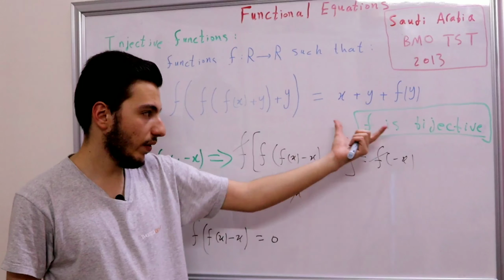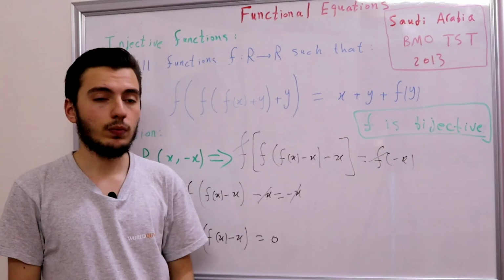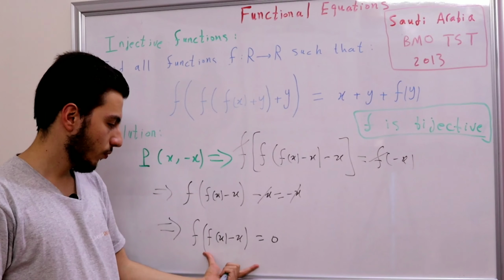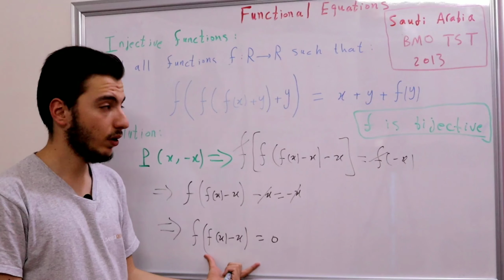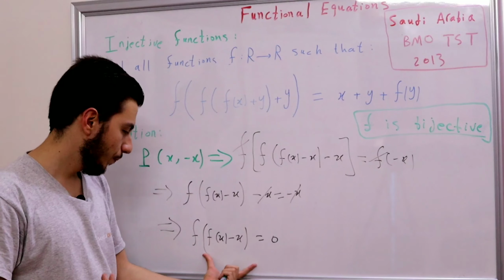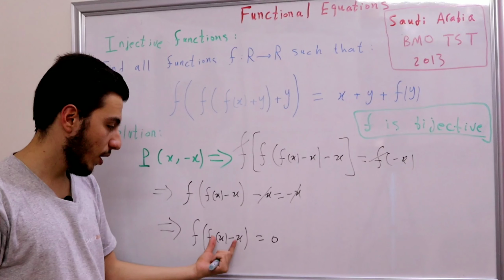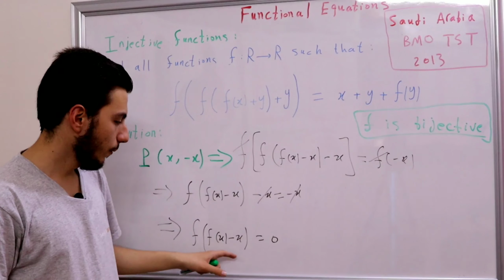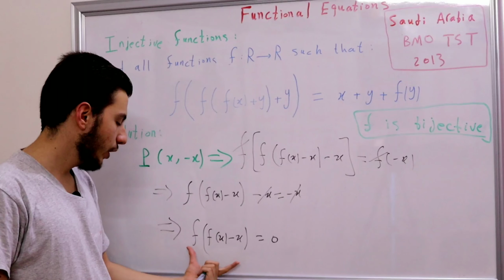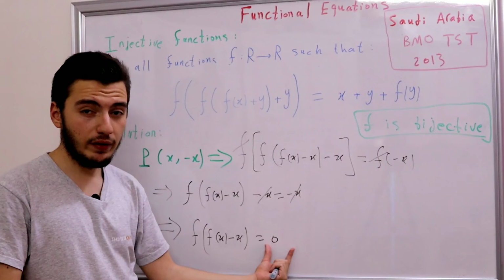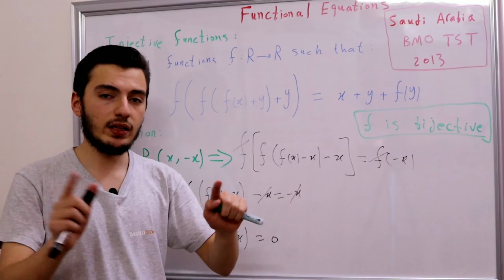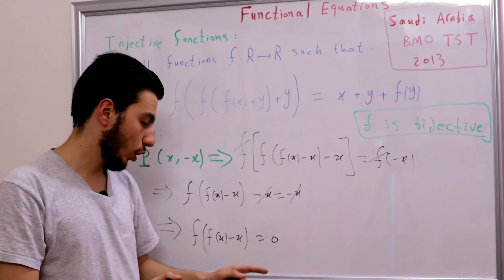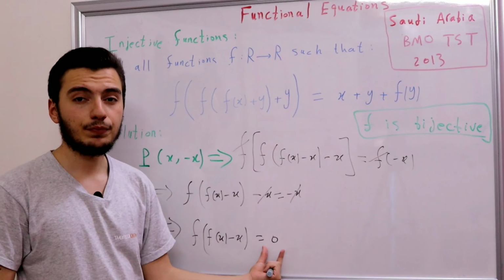And also we have f is bijective. So how can we find our function f from these two pieces of information? F of x minus x equals 0 and f is bijective. Well, if we have here f and here another f, then we can use injectivity to cancel these f with each other. But here we have 0.